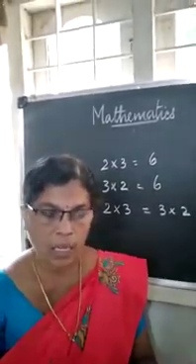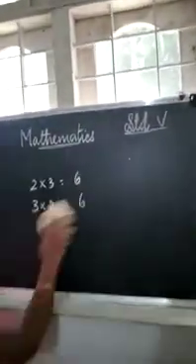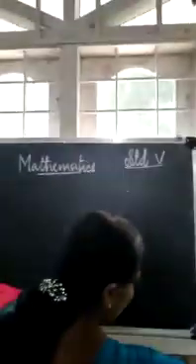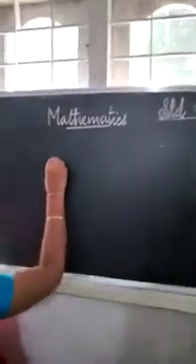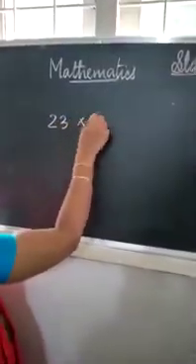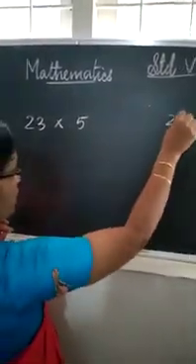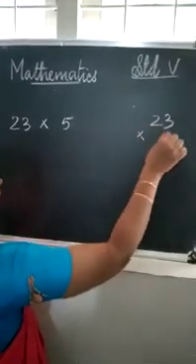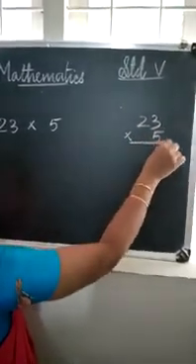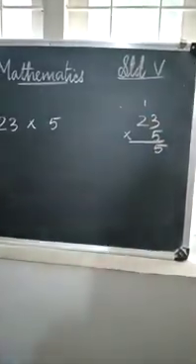Let's see in 2-digit numbers also whether this holds or not. See here, 23 into 5. What is the answer? 5 3s are 15, remainder 1.